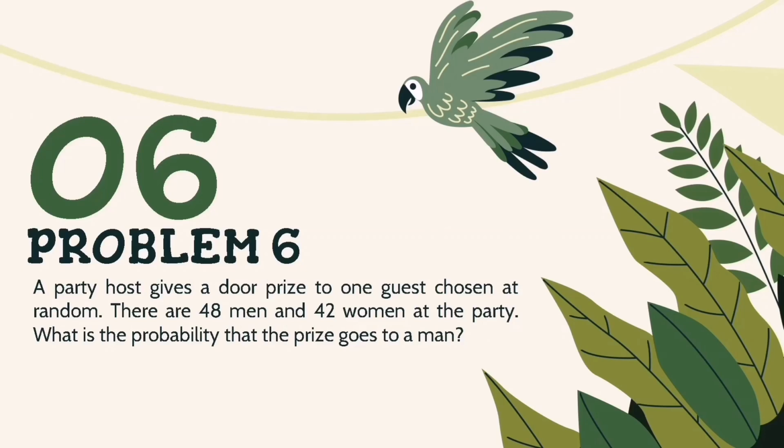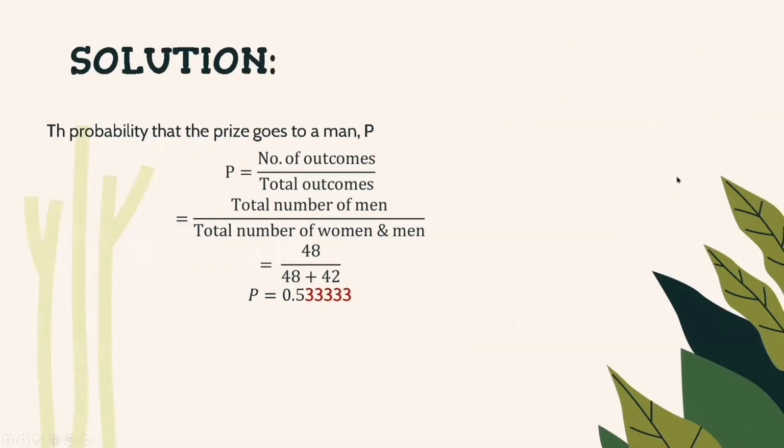So in this particular problem, we are to determine the probability that the prize goes to a man, and this prize will be given randomly, and the attendees are 48 men and 42 women. To determine the probability, we can use this formula: probability is equal to the number of outcomes divided by the total outcomes.